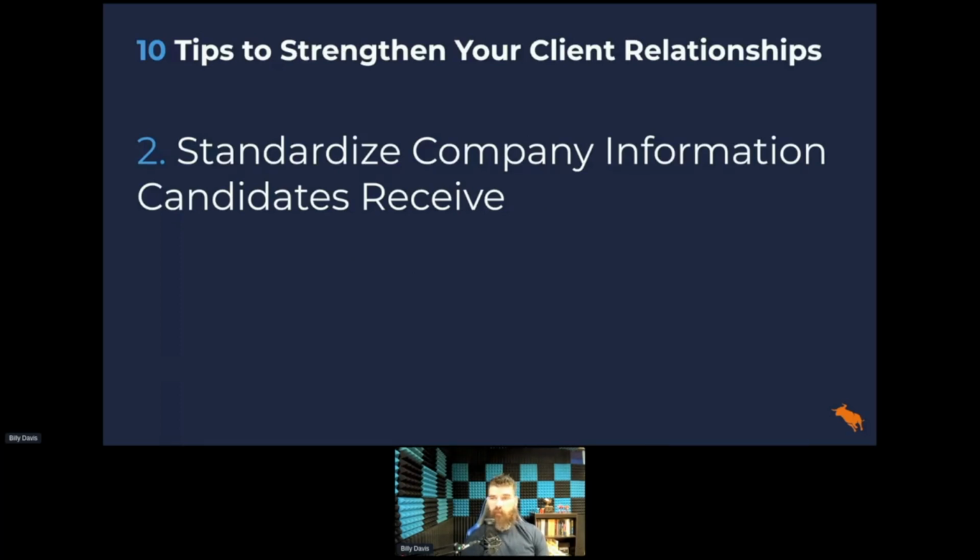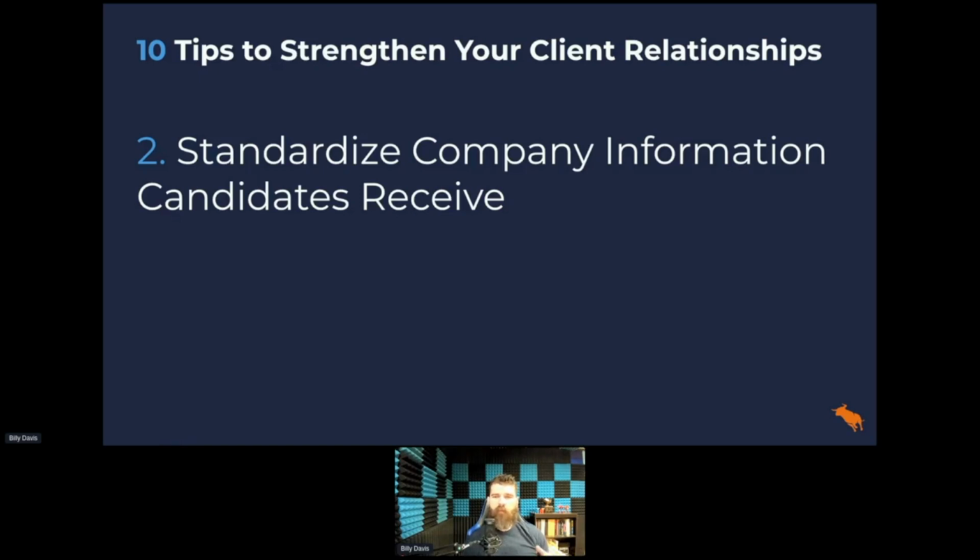And I personally achieved really great results with this. One of the frustrations many times on the client side is when they interview or talk to a candidate and the candidate has no idea about the client company, right? Or the range of possibilities varies too widely.